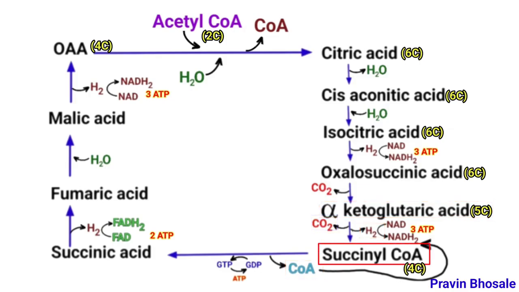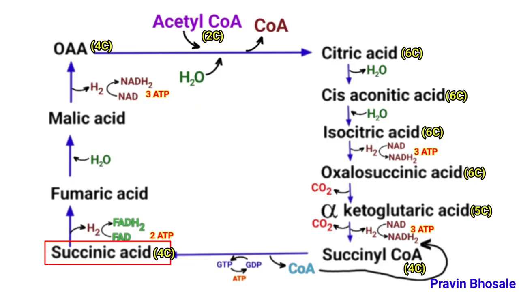Succinyl coenzyme A forms succinic acid. So here there is removal of coenzyme A. From succinyl coenzyme A, GDP, that is guanosine diphosphate, forms GTP. In this process, 1 ATP molecule is formed. So your succinic acid is formed, which is a 4 carbon compound.